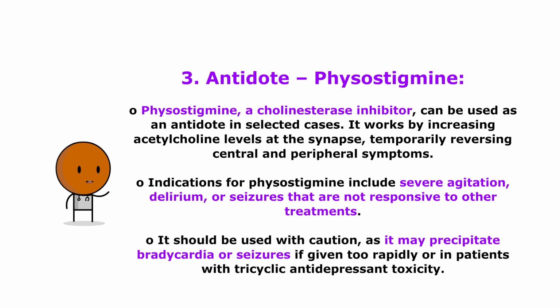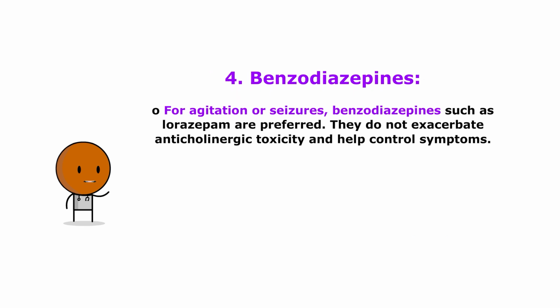Indications for physostigmine include severe agitation, delirium, or seizures that are not responsive to other treatments. It should be used with caution, as it may precipitate bradycardia or seizures if given too rapidly, or in patients with tricyclic antidepressant toxicity.